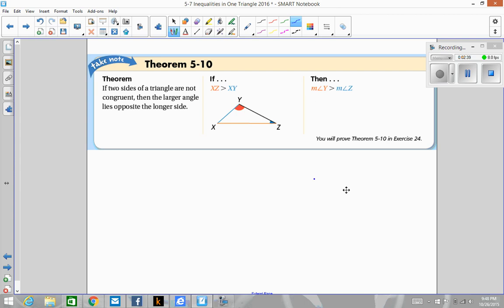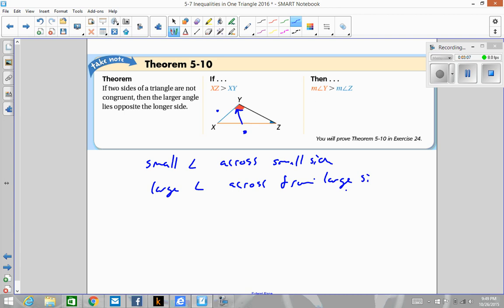In this case, we have XZ, which is larger than XY, which means angle Y is larger than angle Z. So remember this: small angle across from small side, large angle across from large side. And of course, middle angle is across the middle side.